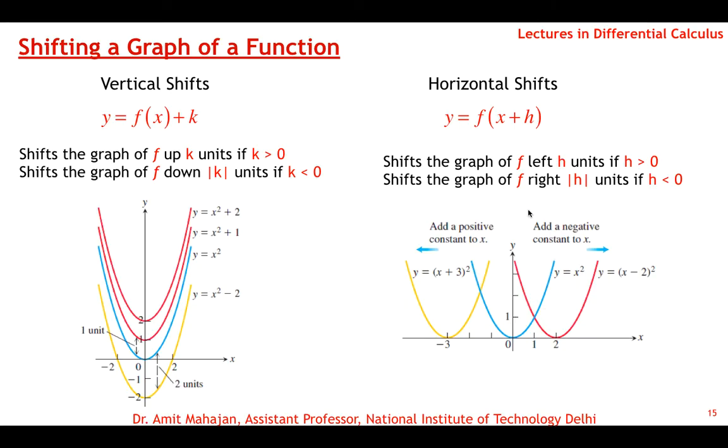If you add a 3 here and make it x plus 3, then it will be y equals (x plus 3) square. Since that is a positive number, the curve shifts 3 units to the left. And if h is negative, say minus 2, then it shifts the curve 2 units to the right. So changing x to x plus h shifts the function left if h is positive, and right if h is negative.